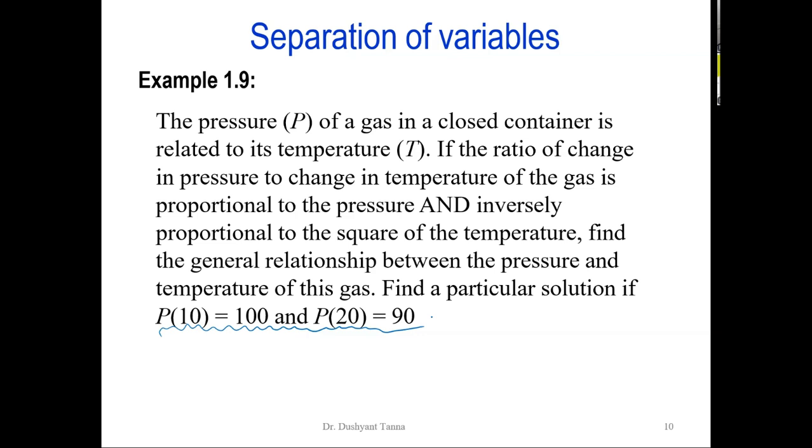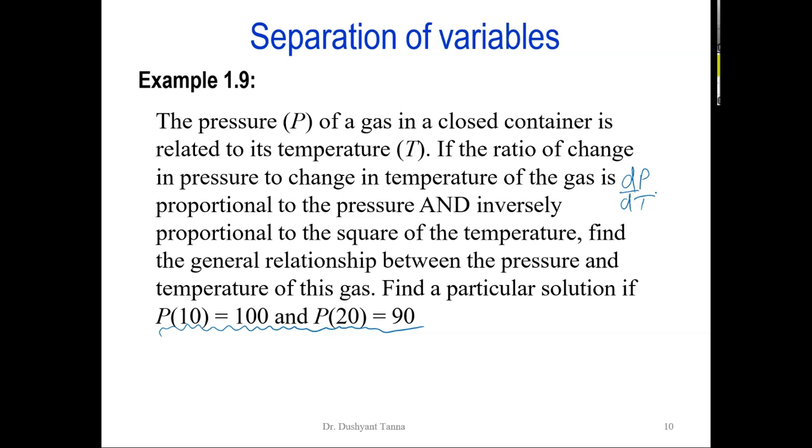Ratio of change of pressure, dP, divided by change in temperature, dT. So here we are talking about dP over dT. Small t is time, capital T is temperature. That's an adopted notation. P is pressure, adopted notation.